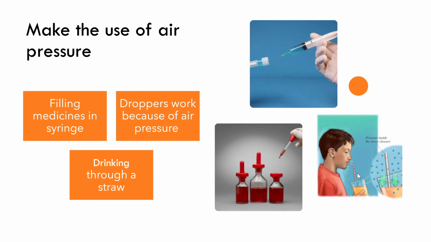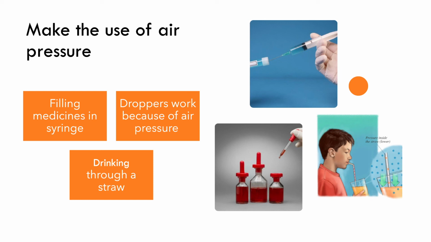But as you put it in and try to suck the liquid, what happens? The air outside, over the glass, gives pressure to your drink to enter through the straw, and it will pass into your mouth.